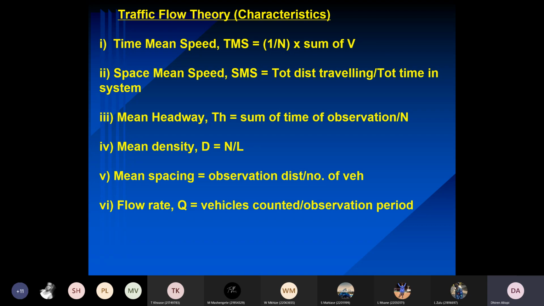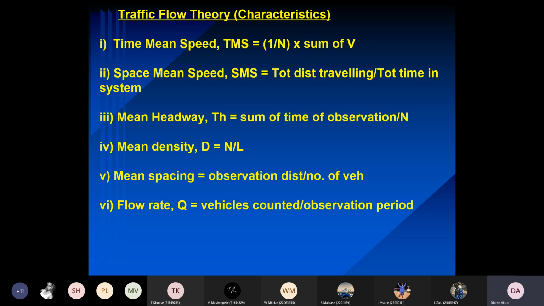So the units for spacing are meters per vehicle. Again, it depends what the examiner asks; in terms of units, you will have to abide by the units that the examiner requests in a question. And we will look at a question just now.